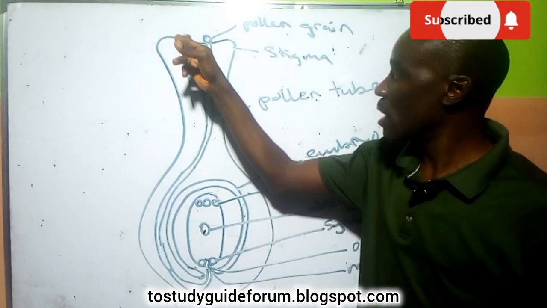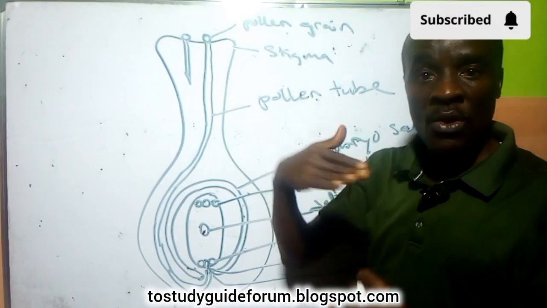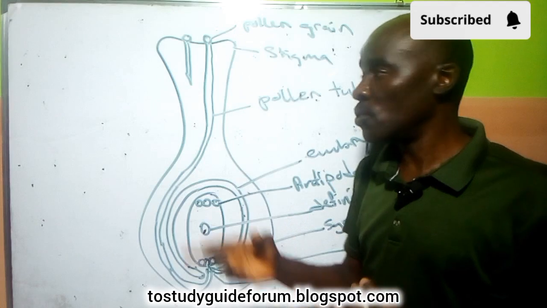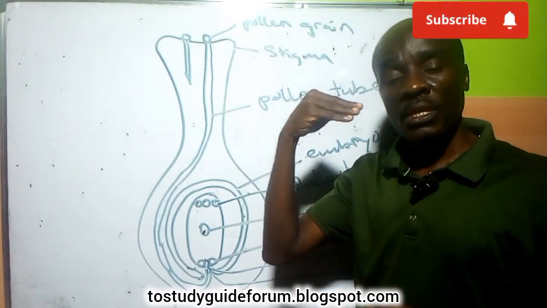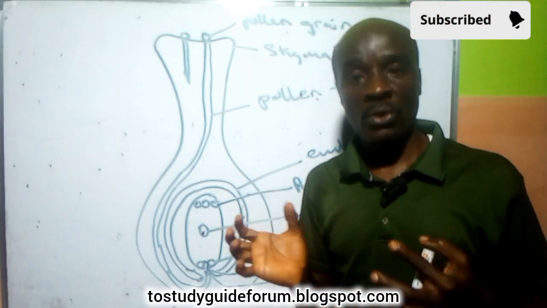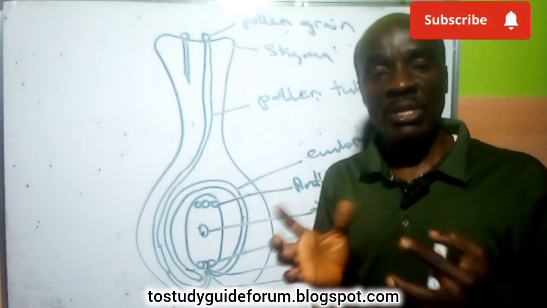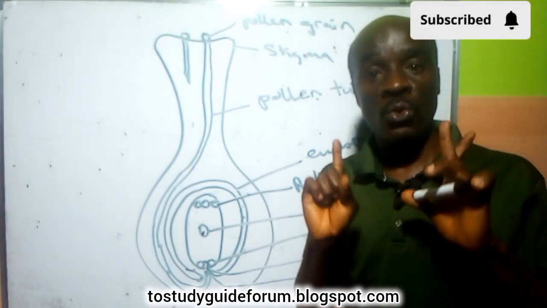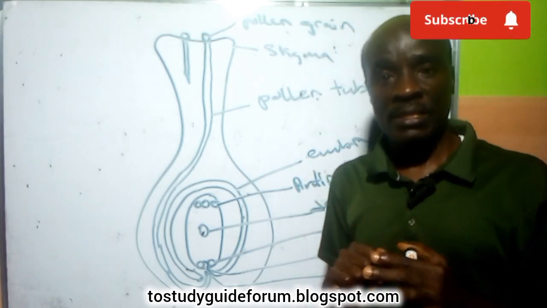After that moment, this will start absorbing fluids. As it absorbs fluids, the generative nucleus will undergo mitosis and then divide into two male gametes.